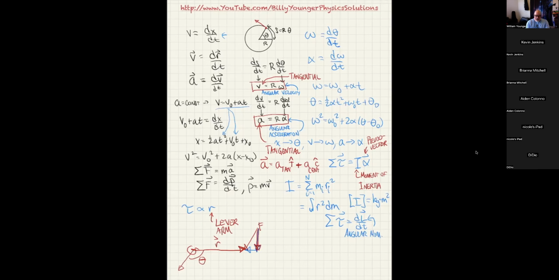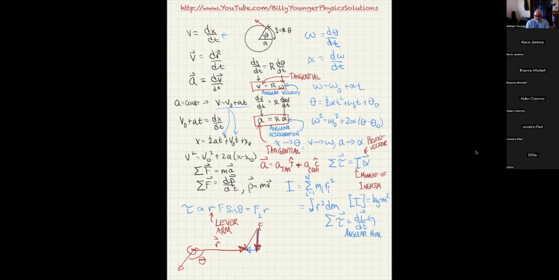Okay, so there's a lot of different ways to calculate torque. It turns out torque is equal to R times F times the sine of the angle between them. Now you can see, because sine maximizes at 90 degrees, why sine is so helpful. You could also realize that this is in fact the component of F that's perpendicular to the lever arm.